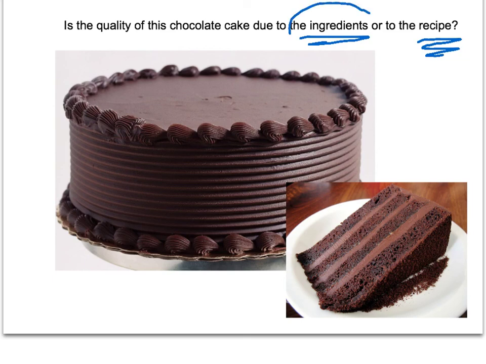How might genes versus environment be related to the metaphor for the chocolate cake? And how would you talk about whether the quality of a cake is due to either the ingredients or the recipe? Why is that a flawed question, in the same way that the nature versus nurture controversy is a flawed controversy? We will see you in class.